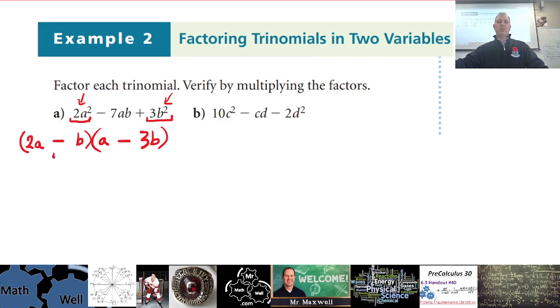Now, does this multiply to +3b squared? Yep, it does. So using intuition, that's where our two variables come from. You have a variable in each of the terms of the binomial, and you still factor the same way. That was through intuition.